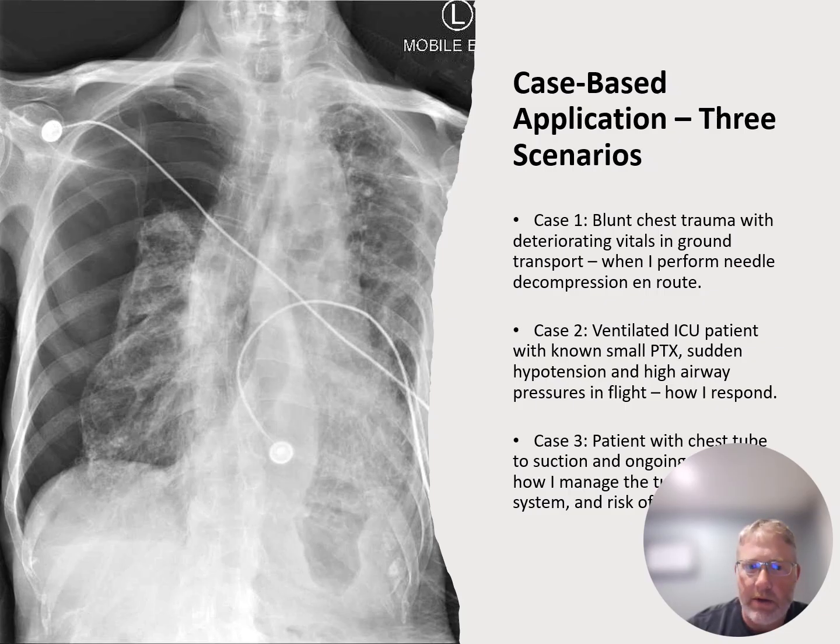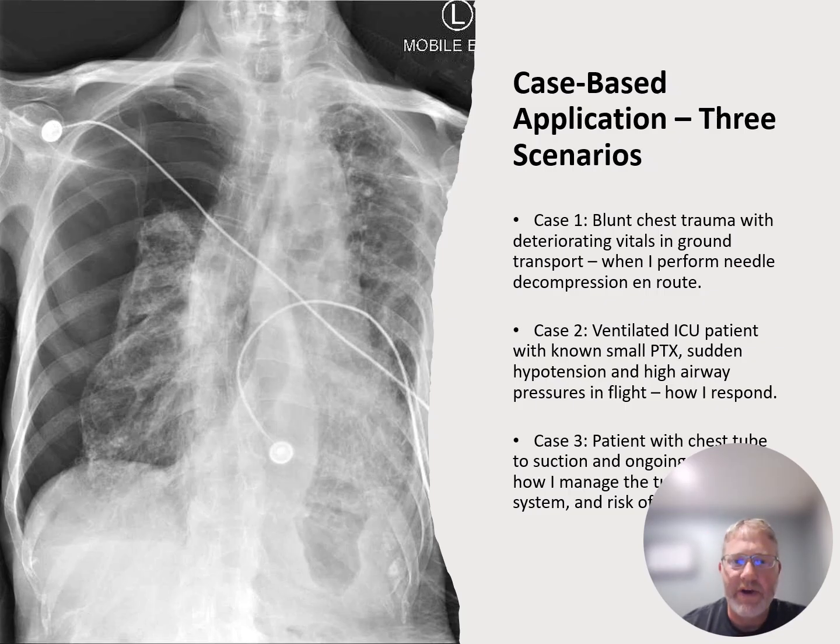In case two, imagine a ventilated ICU patient with a known small pneumothorax who suddenly becomes hypotensive with rising airway pressures in flight. Think about what you suspect, how you would diagnose it rapidly, and whether or not you should decompress the space.